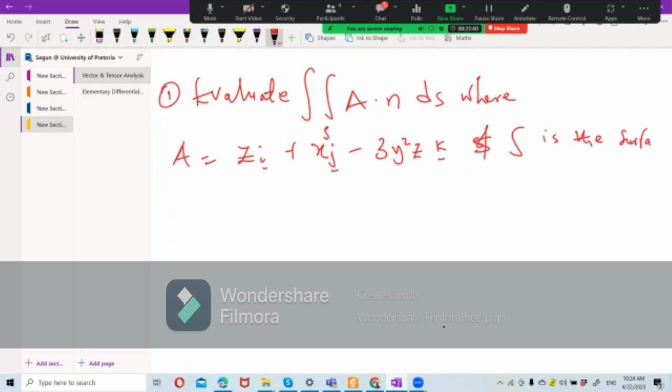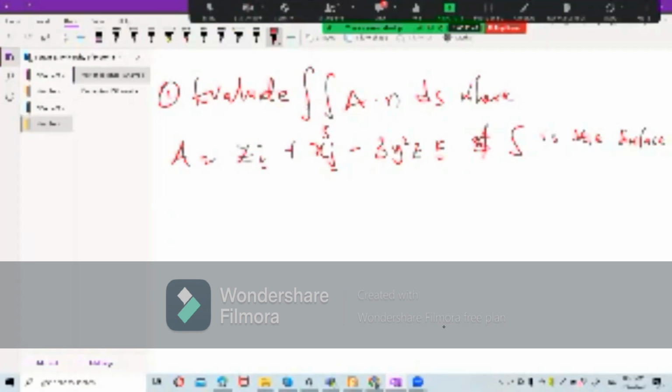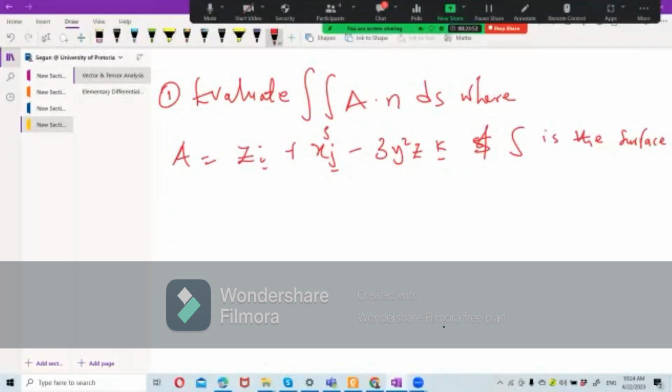So when you see a question like this, they're talking about surface integral. And S is the surface.